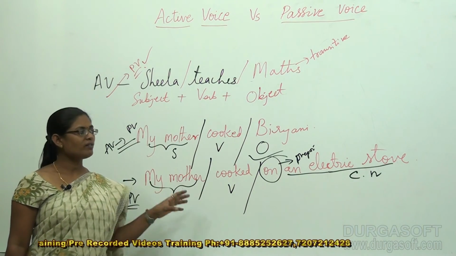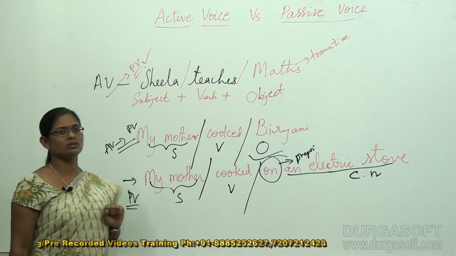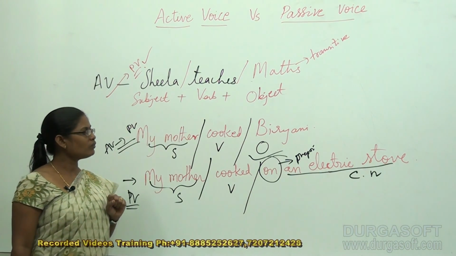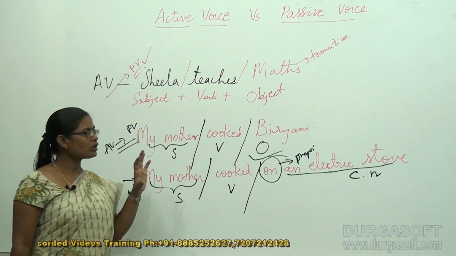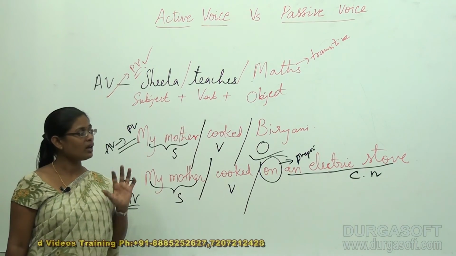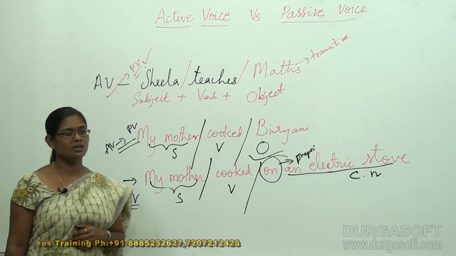Now we have finished understanding the common structure for active and passive voice, and we also understood what sort of sentences can be converted into passive voices and what sort cannot.